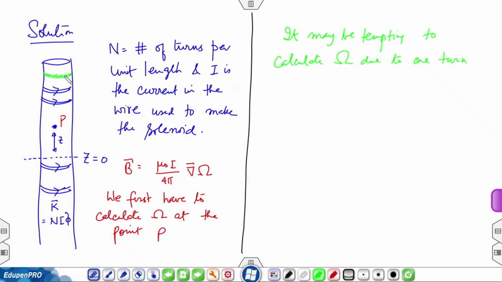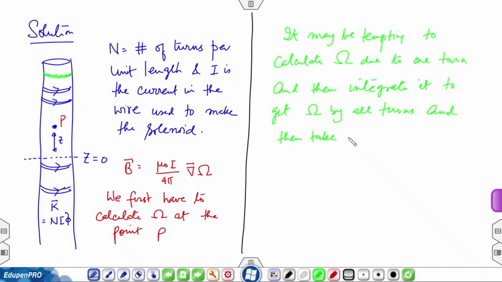I am showing it in green, and then integrate it to get omega by all turns, and then differentiate, then take its gradient to get B. But this will be wrong.